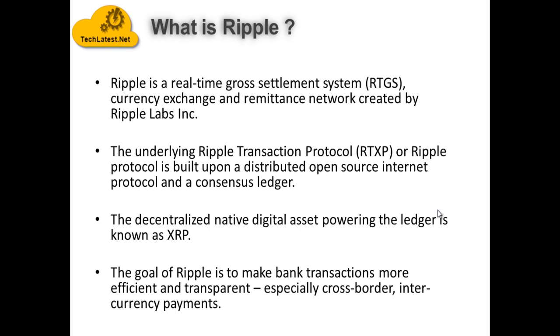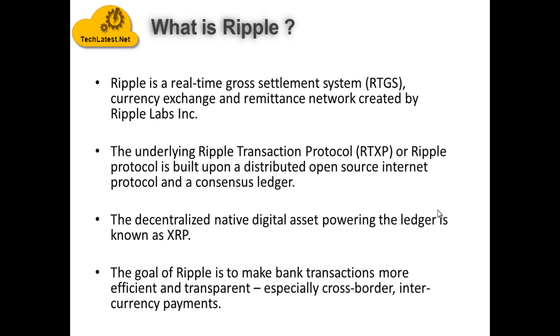To achieve this, Ripple uses the existing IP protocol of the internet. On top of that, to provide consistency of those transactions, it uses the consensus ledger, which is based on the blockchain technology.